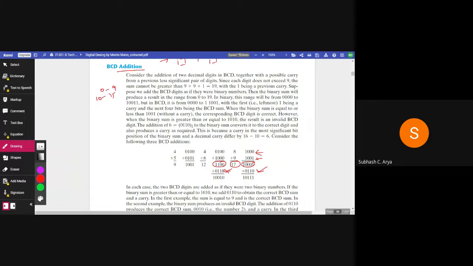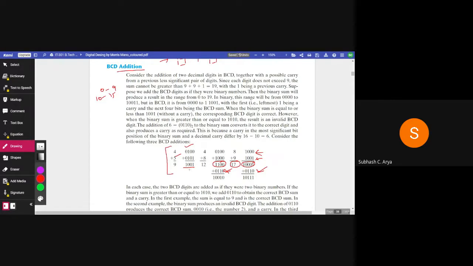So it is an example here. If we are writing, say, 4 plus 5, 4 in BCD, and we want to add 5. Since the sum is coming 9, and we can correctly represent 9 in BCD form, there is no issue of representation.